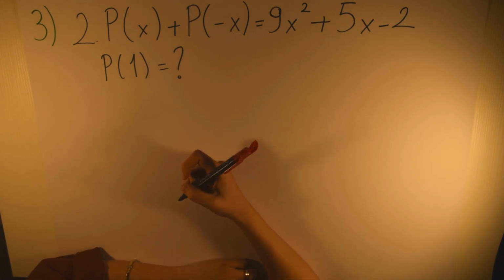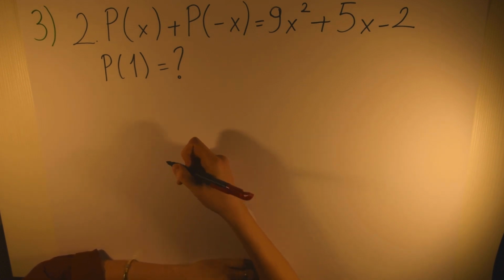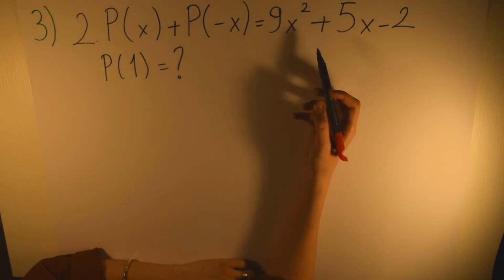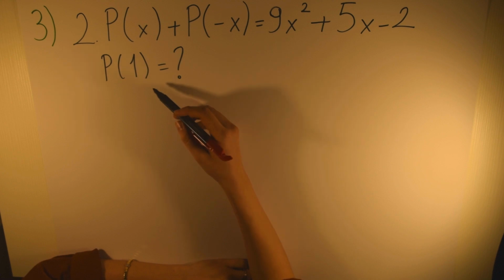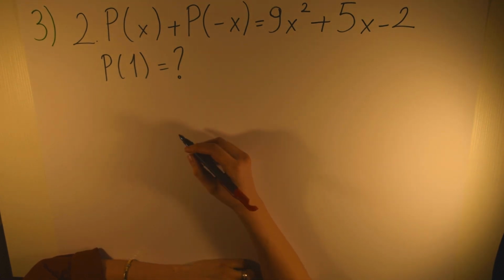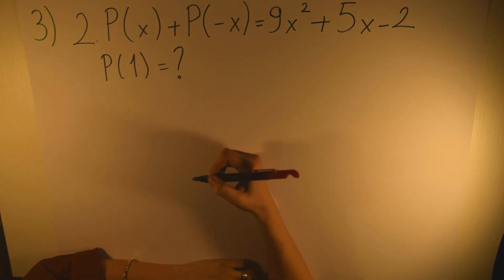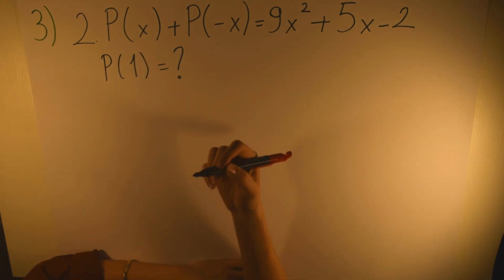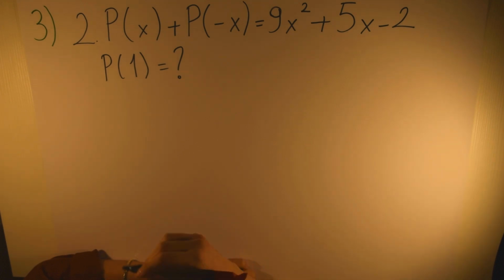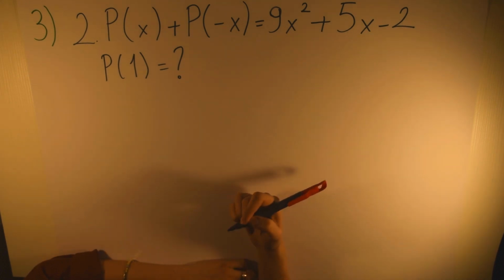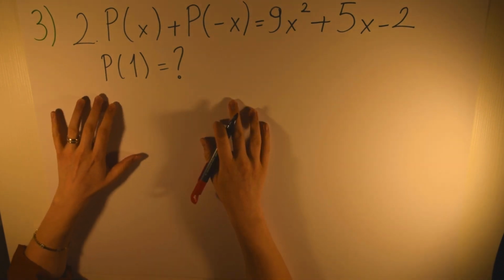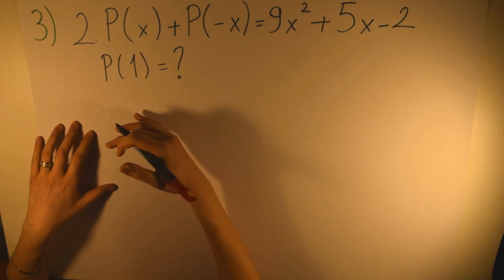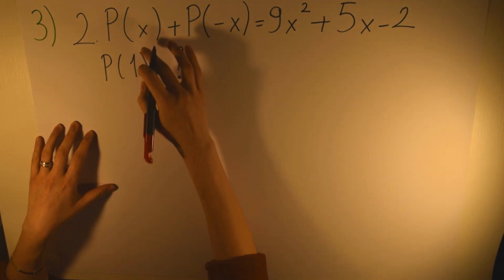Okay, let's look at our third question. It says 2P(x) plus P(minus x) is equal to 9x squared plus 5x minus 2, and P(1) is asked. In these kinds of questions, you should try to put some numbers instead of x which will cancel out each other, and you will be left with only what you need. In our question, P(1) is asked, so we have to put 1 instead of x.